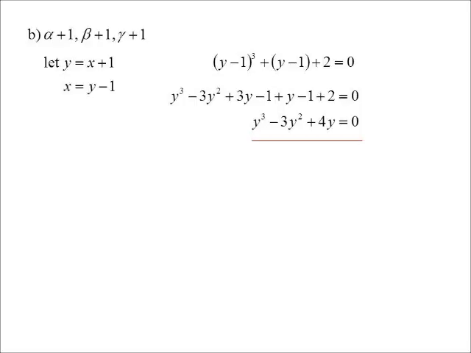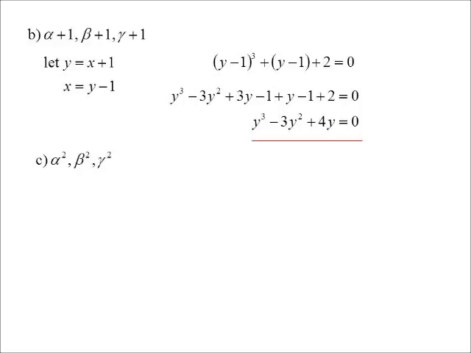The original equation must have roots alpha plus 1, beta plus 1, gamma plus 1. So if 0 is one of those roots plus 1, then the original root must have been negative 1. So negative 1 should be a solution to the original. We can test that out. Let's go back to the original and sub in negative 1. It works. There you go.